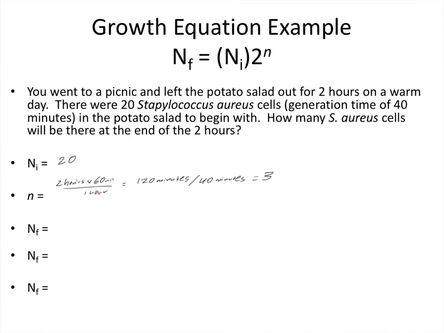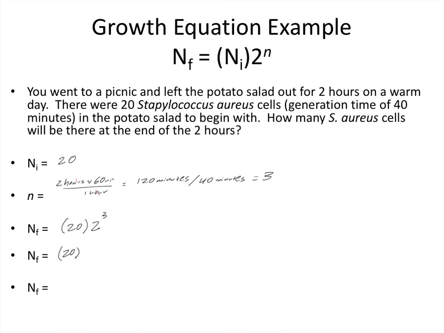The next thing we're going to do is start putting these values into the equation. So Nf, I've already got that written for you. That equals 20, which is the number of cells initially, times 2 raised to the third. The next step is to figure out what 2 raised to the third is.